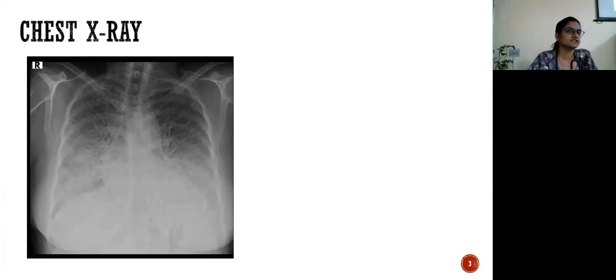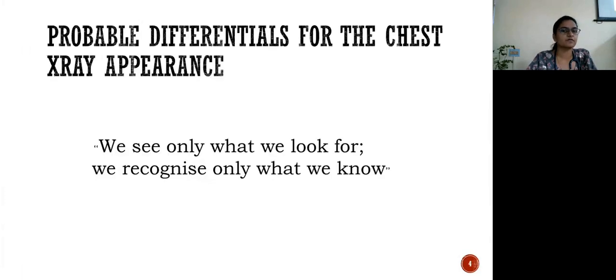So clinically, she presented with an acute pulmonary embolism secondary to a right lower limb DVT, but her chest X-ray was showing an appearance like this. So my question today is, what are the probable differentials for this chest X-ray appearance?